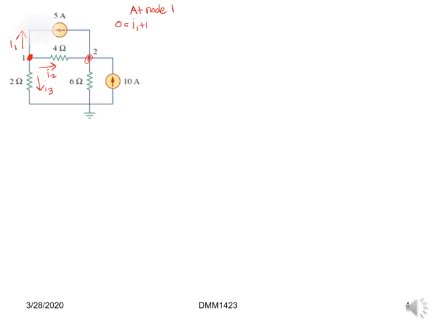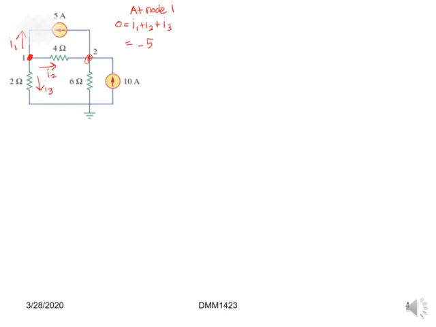From node 1, we can write an equation based on Kirchhoff current law: current entering the node is equal to current leaving the node. In this case, all of the current is leaving the node, so there is no current entering the node, which is 0, equal to I1 plus I2 plus I3.